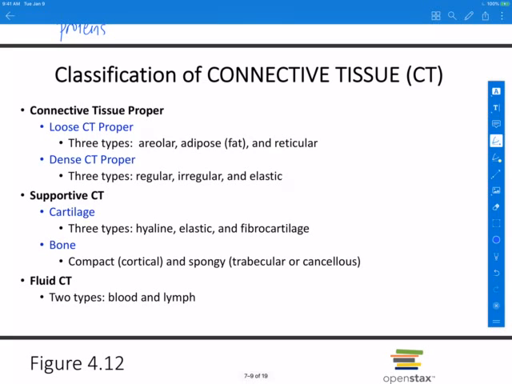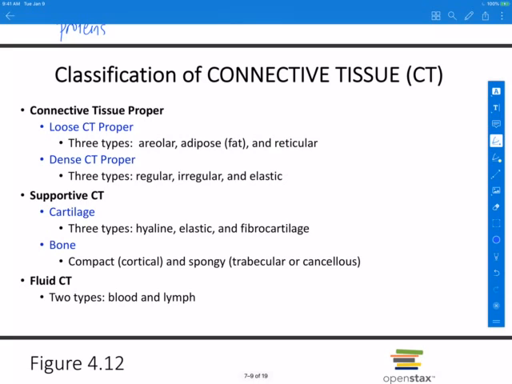Loose connective tissue proper is really good at absorbing shock and at binding tissues together. There are basically three types of connective tissue proper. There's areolar connective tissue, adipose tissue or fat, and then reticular tissue.